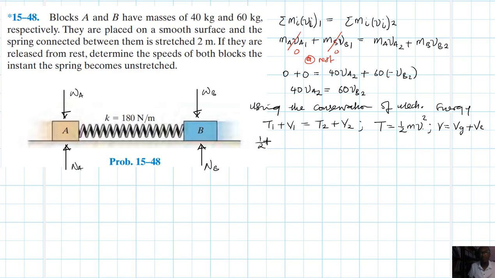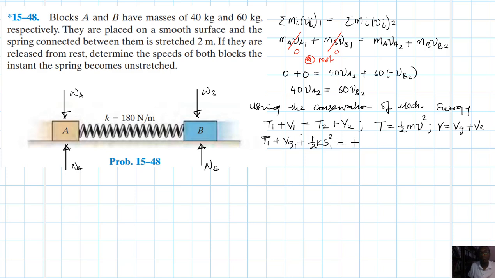So we have T1 plus half k s squared in state 1, plus VG1.